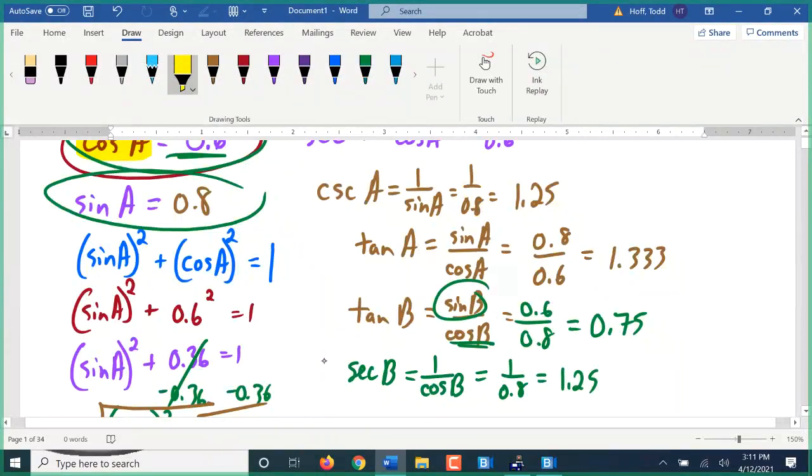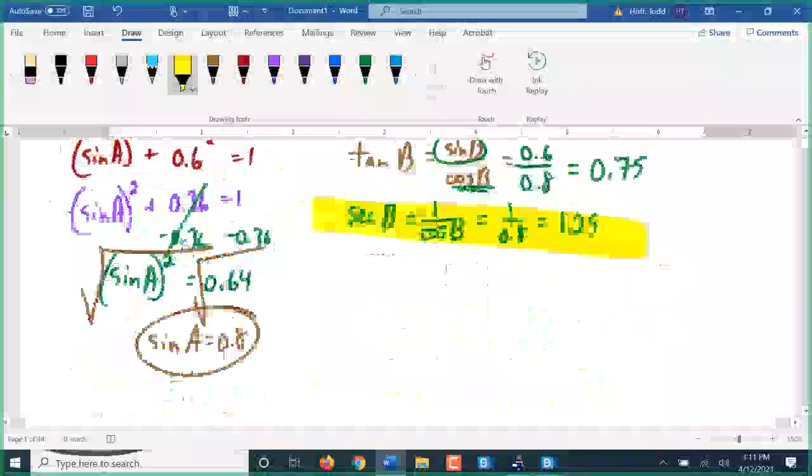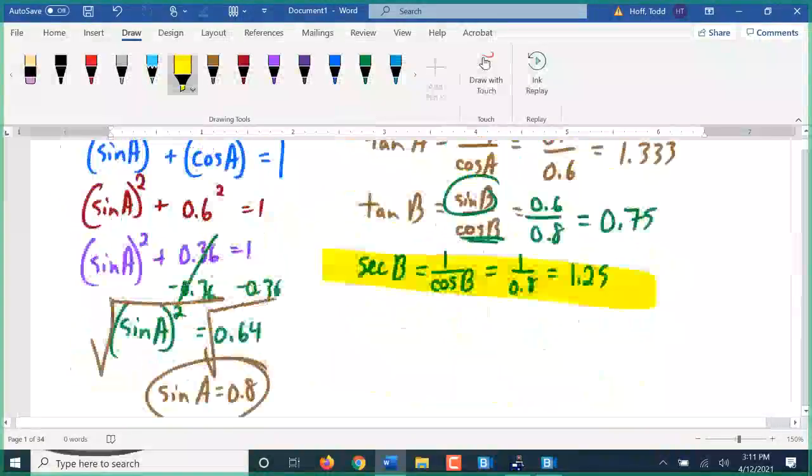Makes sense. The secant of B should equal the cosecant of A because they're complements. That should be enough to get you through those problems and corrections. Any questions on all that mess?